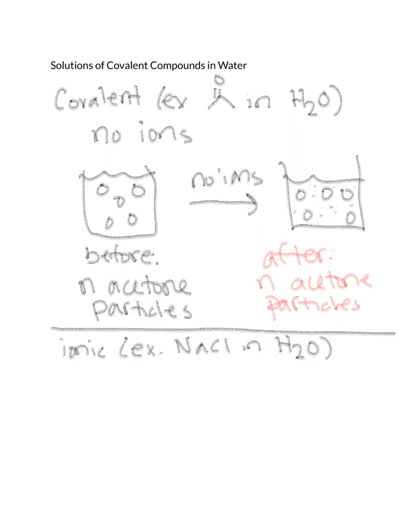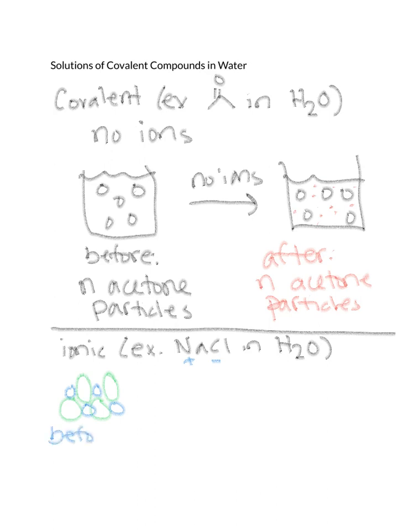So we'll use as our example for ionic sodium chloride in water. And what I want to remind you of is that ionic compounds generally come as solids. And so we could, for example, imagine sodium chloride. And I want to remind you that this is sodium plus and chloride minus. And also thinking to our periodic properties, sodium plus is going to be small, right? And chloride minus, because it took on an extra electron, is going to be big. And so we've got this structure of ions, and they're in this big solid lattice, right?